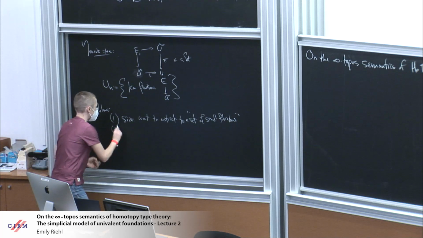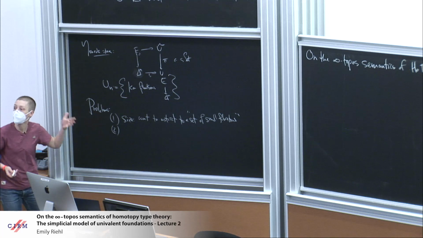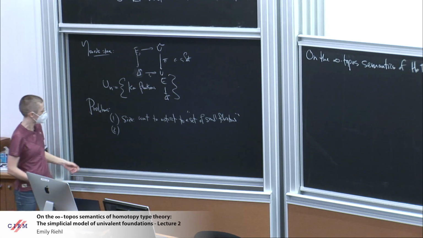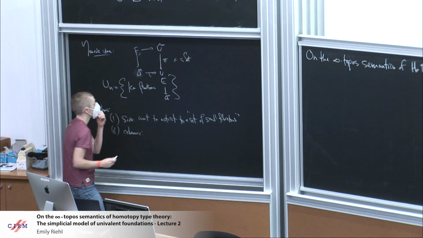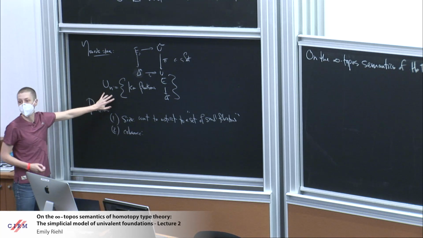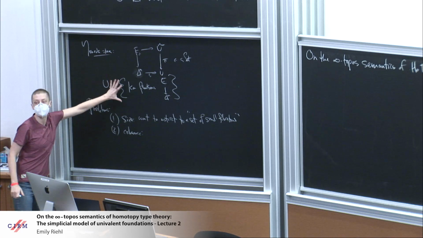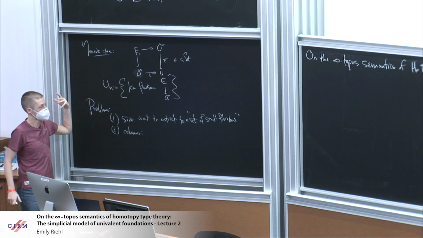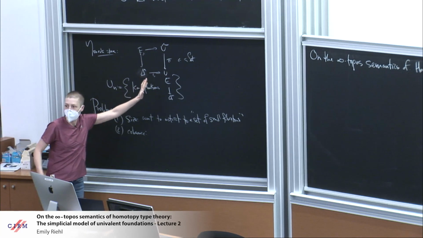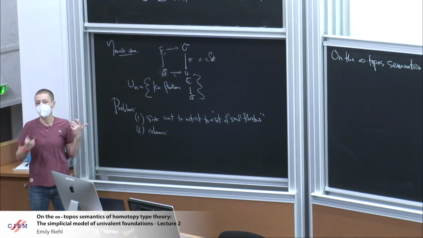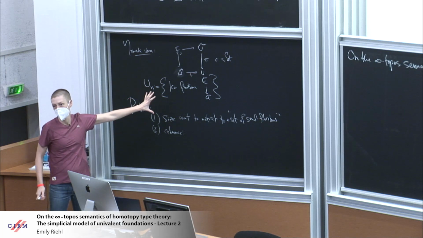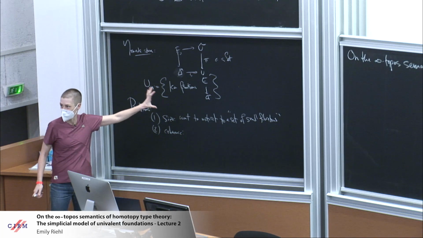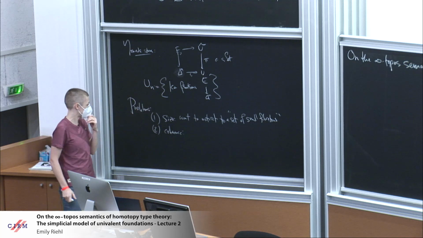But there's a second issue which I find even more interesting than the size issues, which we're fairly familiar with in set theory, which is an issue of coherence. So what I've defined for you, size issues aside, is a set. Once we've solved the size issues, this U_n will be a set of maps. But what I'm trying to define is a simplicial set, which means I need the simplicial operators to define a functorial right action on such sets.